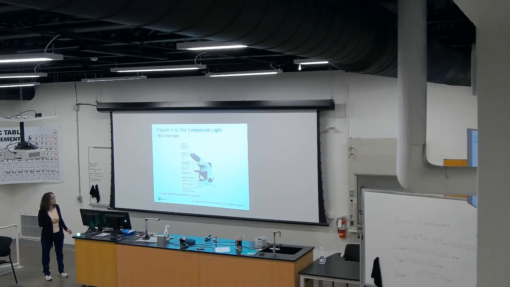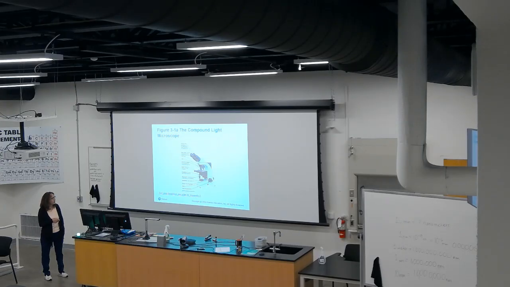And then you can have some pointers attached into these lenses so that you can basically point to that specific object. Some of them might have grids that help you to calculate the size specifically of the specimen.